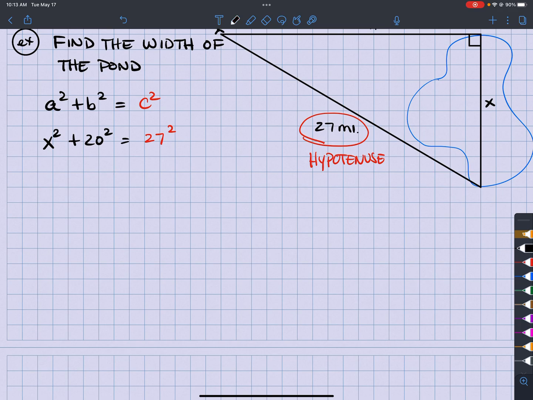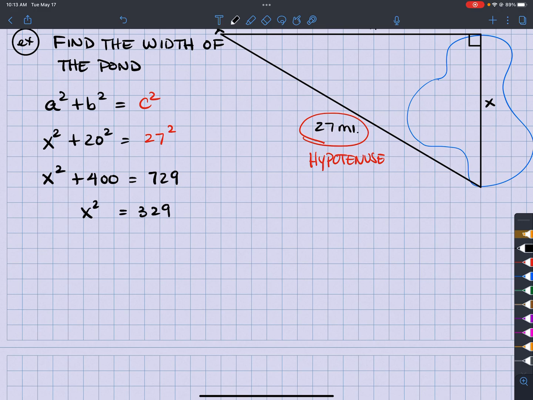So I have x squared plus 400 is equal to 729. So x squared is equal to 329. And the question is, is that a perfect square or not?